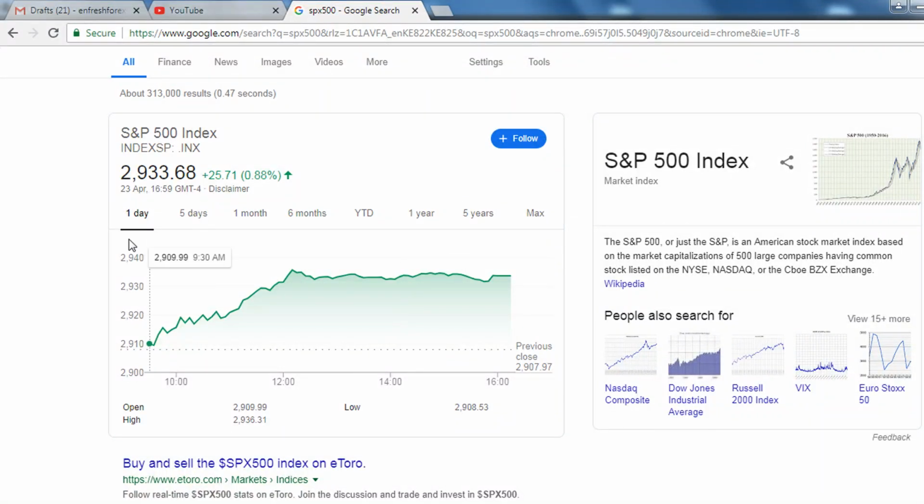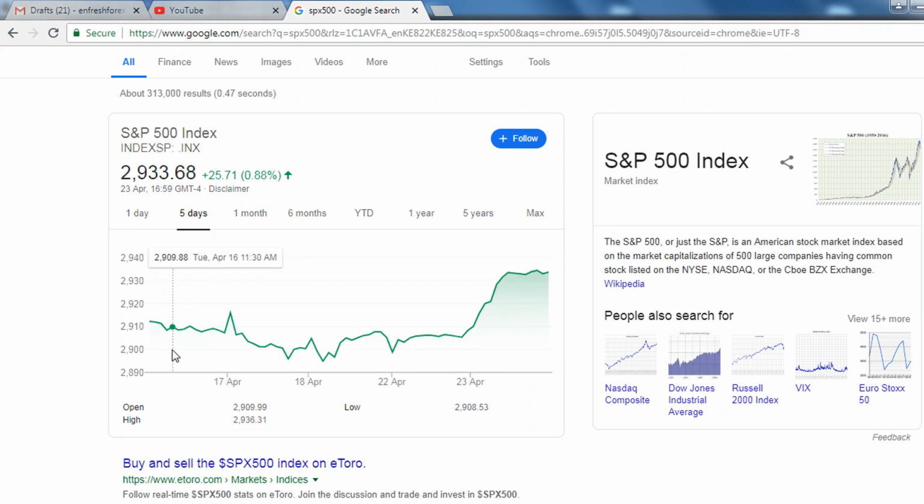If you look at it on the daily basis, you can see that we rose from around 2910, and the price has been rising till currently we are here, at around 2933.68. Then you look at the same index over the previous 5 days. There was a slight decline, the price went down, and then it gained some value. So overall there was a gain in the past 5 days.